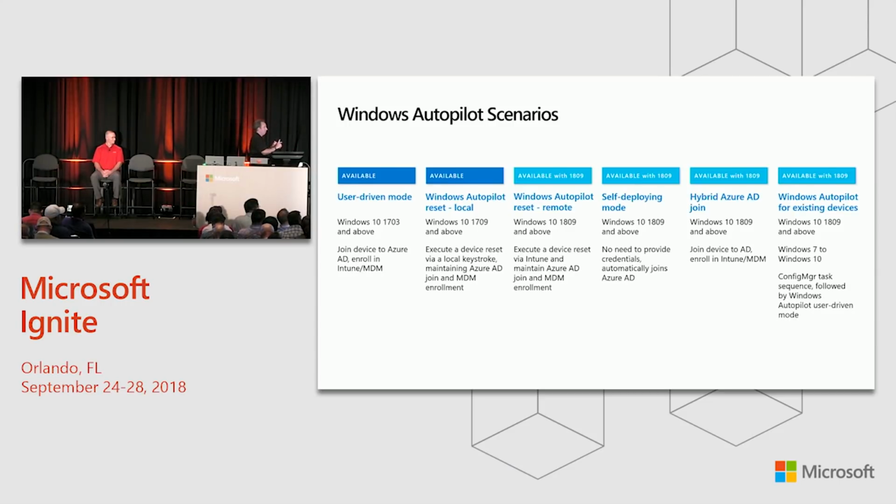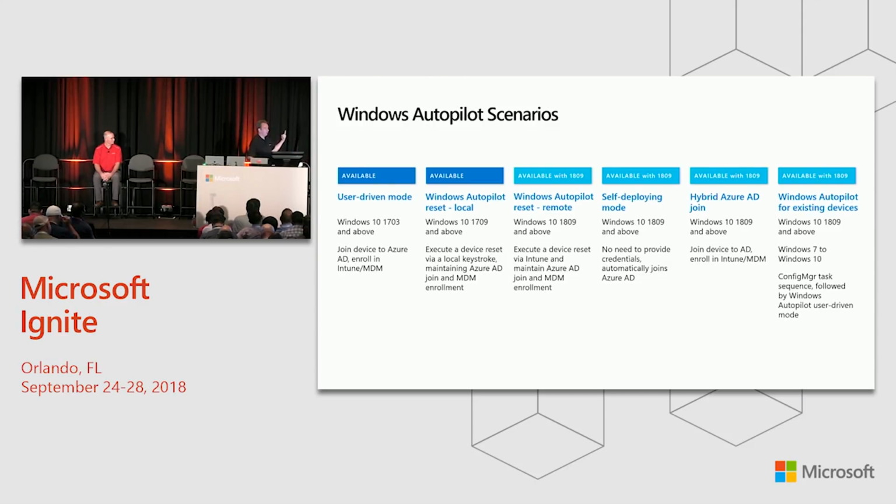Self-deploying mode. Simple idea. We have a device that isn't really associated with the user. That could be for one of a few different purposes. It could be just a shared device, that there's no primary user of that device. It could be used by people at a help desk or a call center or in a school or someplace where anyone can walk up, put in their credentials, and use the device. Great.